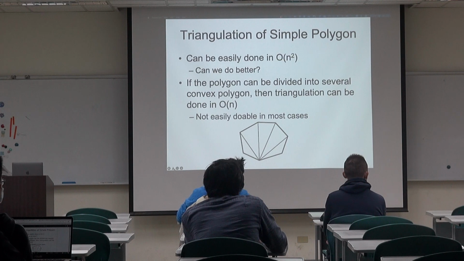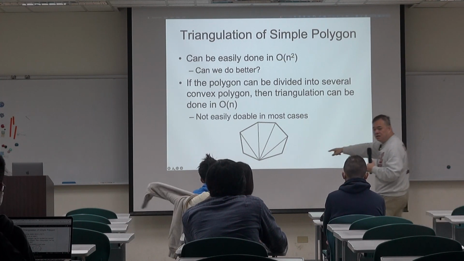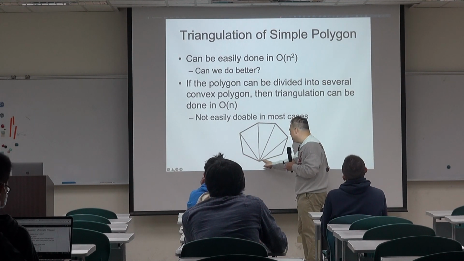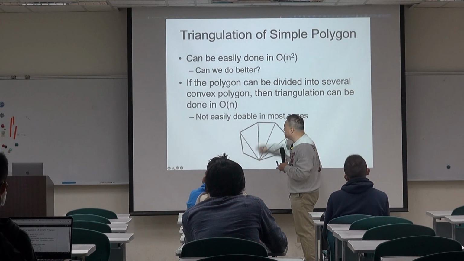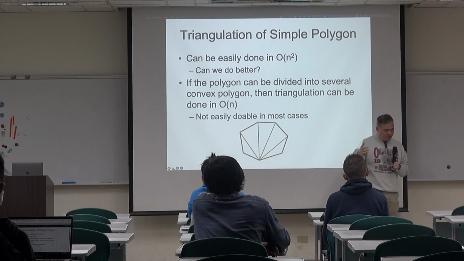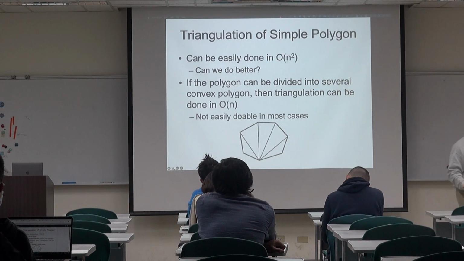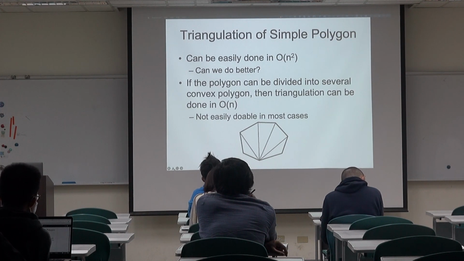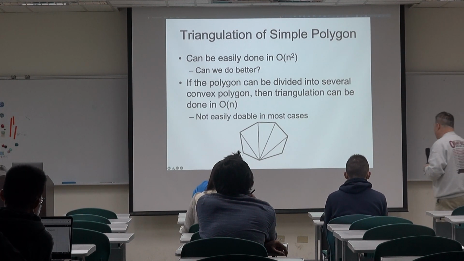At the beginning, I drew something like this. You just arbitrarily pick one vertex, and then you draw these diagonals. So this can be accomplished in a linear amount of time, which is great. You cannot do any better than this, really.